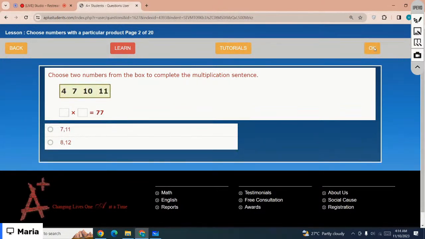Okay, the next one is choose two numbers from the box to complete the multiplication sentence. So which two numbers have the product 77? Which is the correct option?